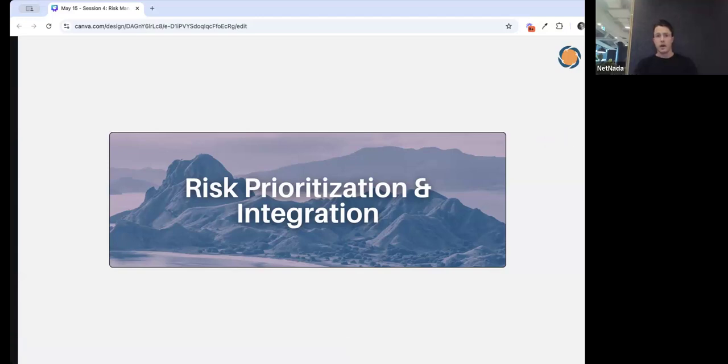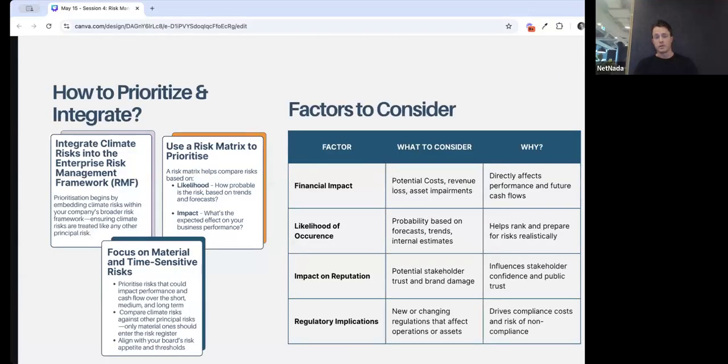Now it's time we start to look at how we prioritize our risks and integrate all of that into our climate considerations. So first things first, we're looking at financial impact, likelihood, reputational effects, and also the regulatory pressures. Those are the key factors that we're looking to consider here. It's really important that we start by embedding climate risk into our broader risk framework.